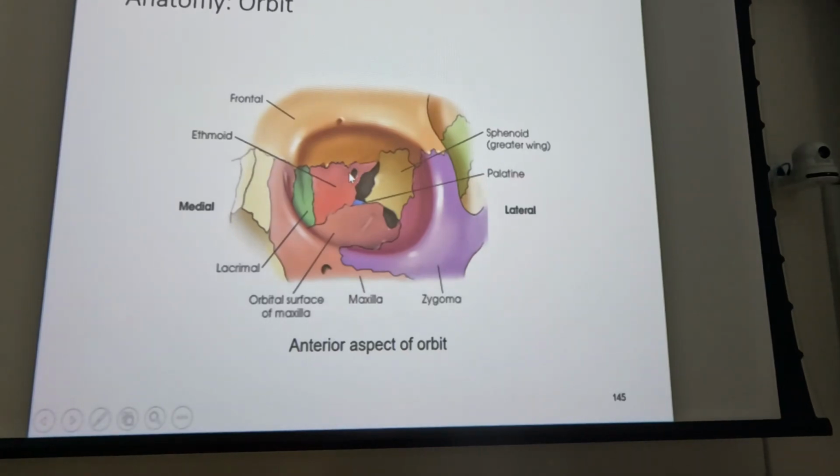The optic canal is almost at the apex of that cone, all the way back in the back of the orbit. So we have a specific view in order to visualize that. As far as the fissures go, we kind of looked at that in the exaggerated Caldwell views in the skull. If you want to see the fissures, you just increase the angulation 25 degrees, 30 degrees in order to visualize those fissures.